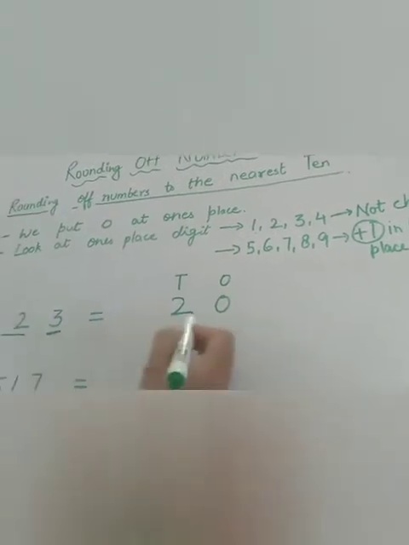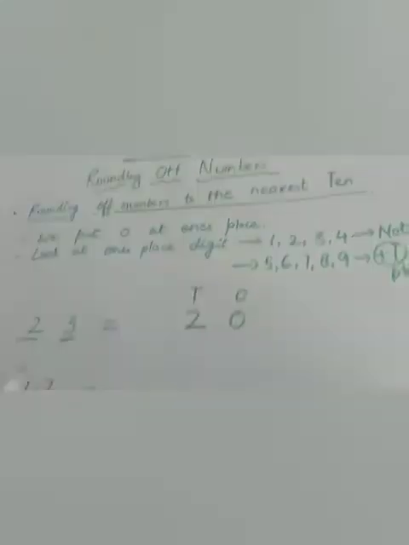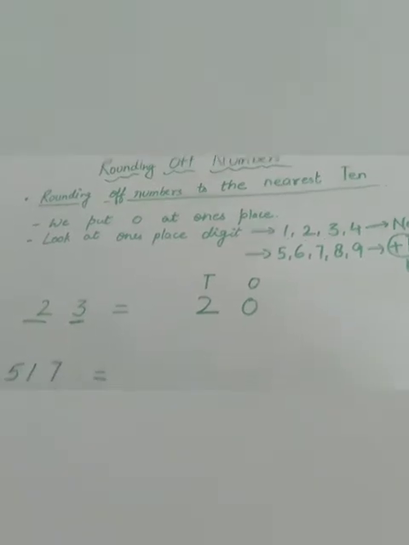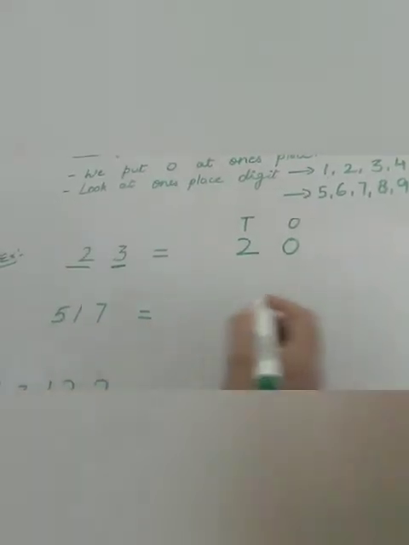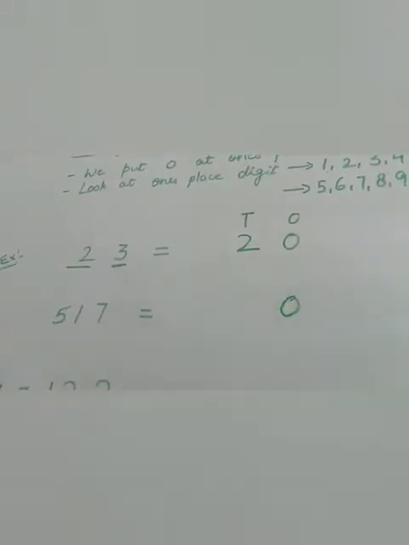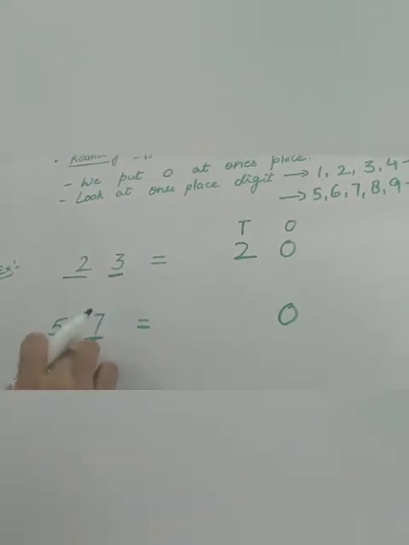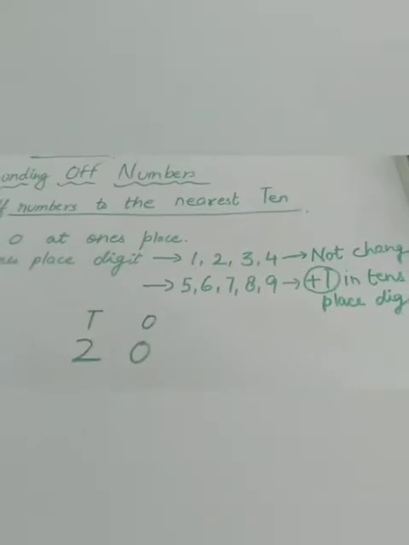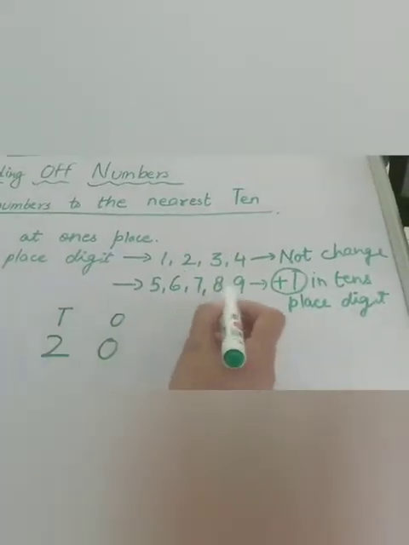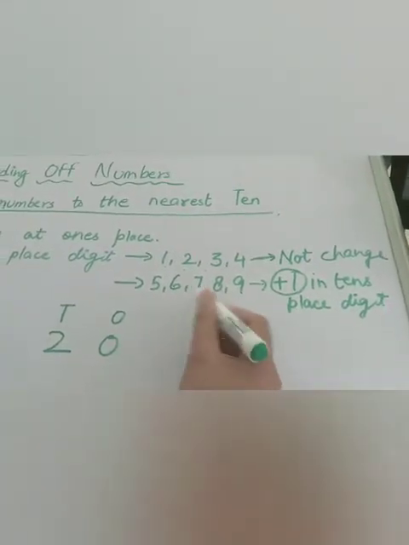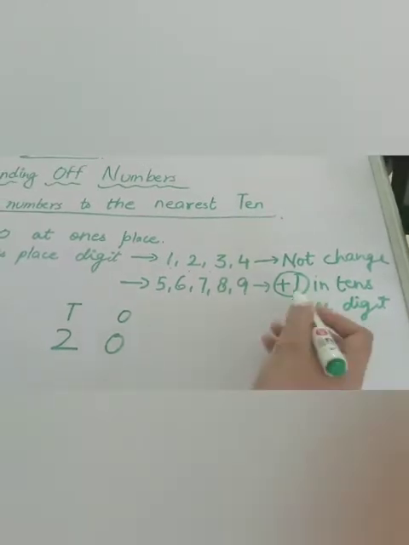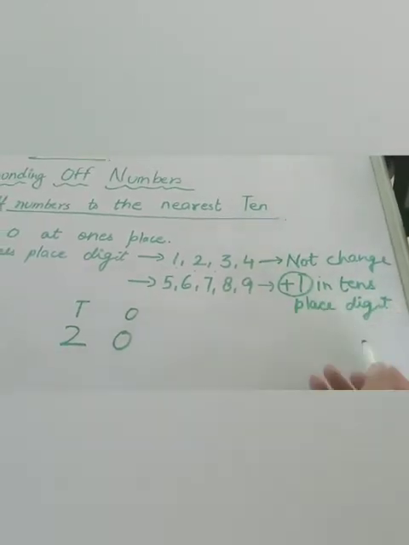So nearest tens of 23 will be 20, right? Let's take another example. First put the 0 at ones place. Now see the ones place digit. It is 7. If the digit at ones place is 5, 6, 7, 8 or 9, meaning 5 or more than 5, we will add 1 in the tens place digit.